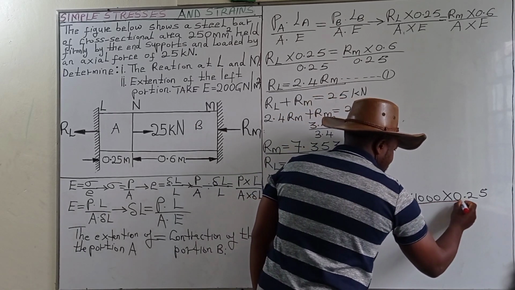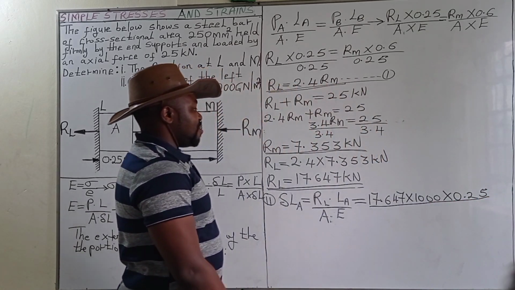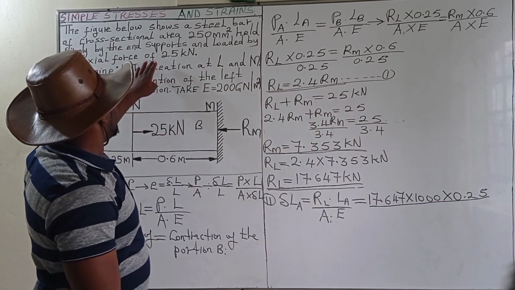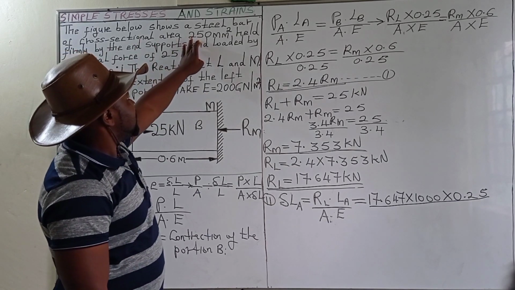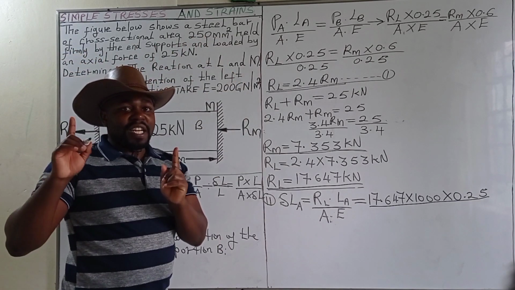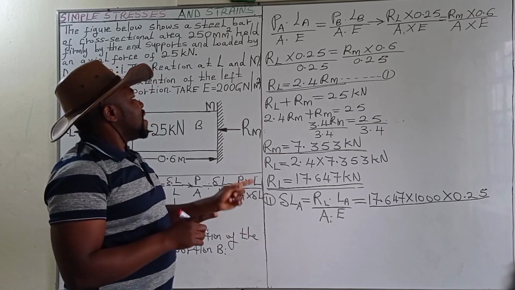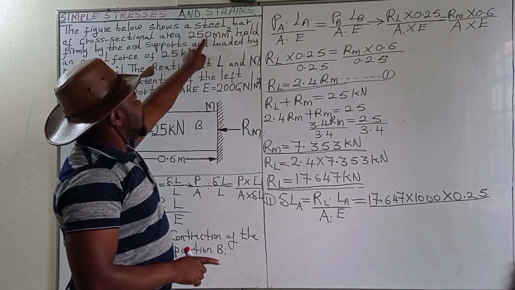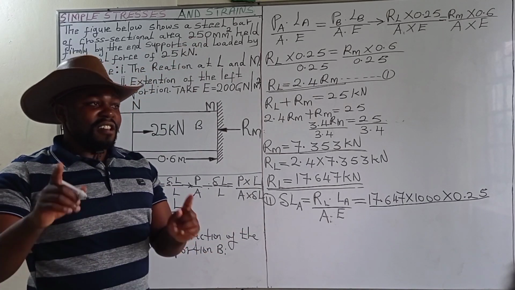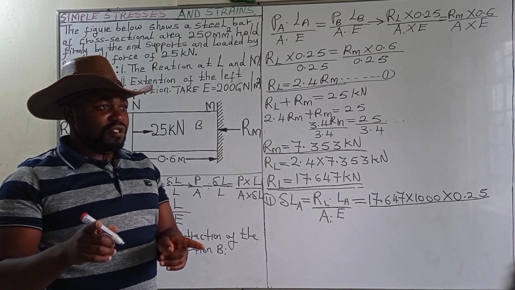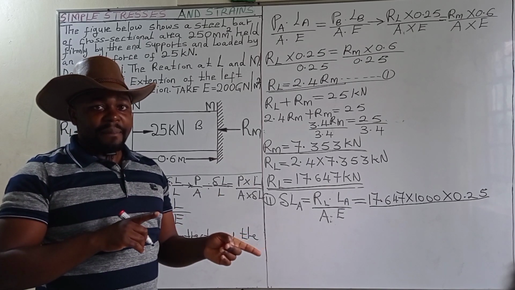We divide this by the cross-sectional area of the steel bar, that is 250 square millimeters. We need to convert that to square meter. That is by dividing 250 by 1,000,000, because 1 square meter is equivalent to a million square millimeters.